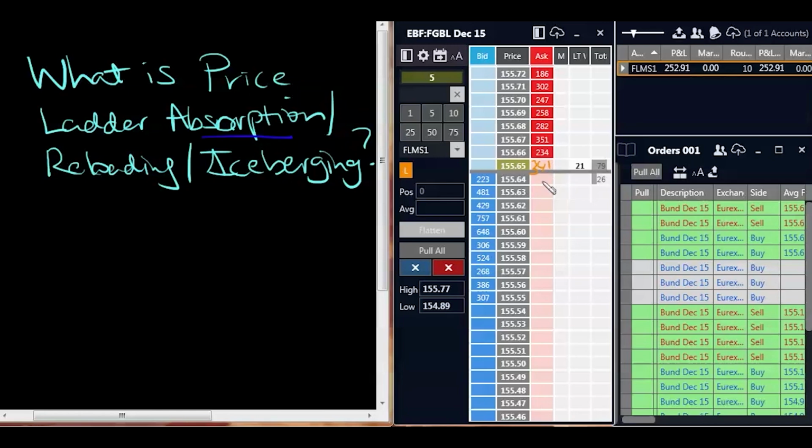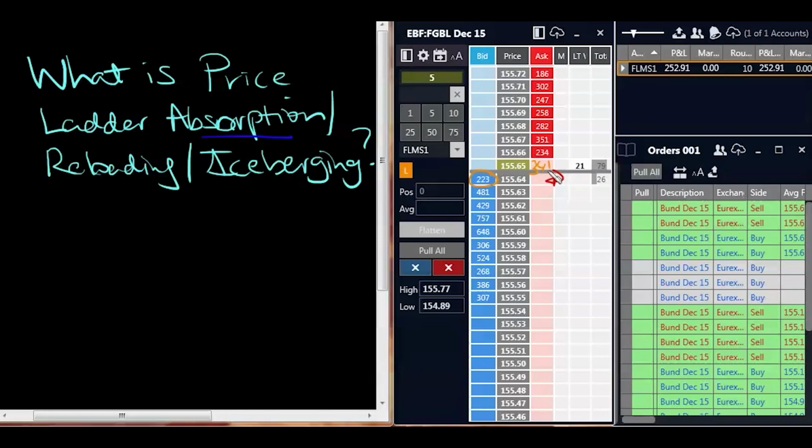Let's say there's 341 contracts here, and the sellers wanted to sell into the bid. There's 223 at the bid. Let's say the sellers come in and start selling 223 aggressively at market. They're basically paying at market.